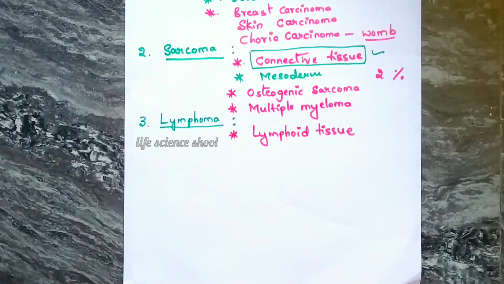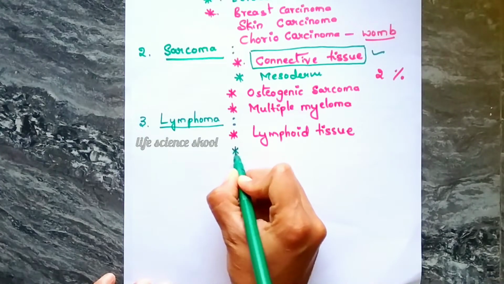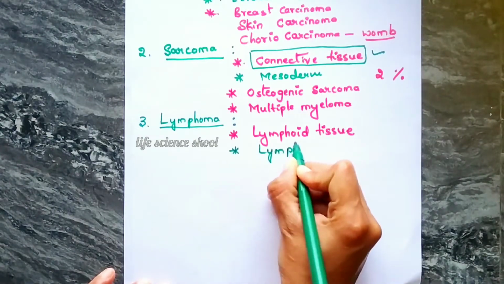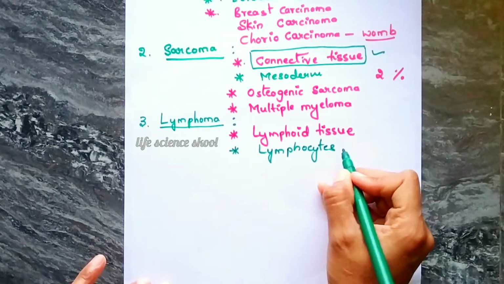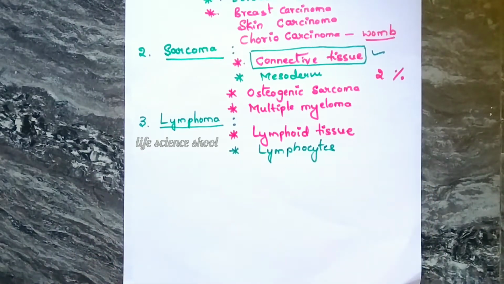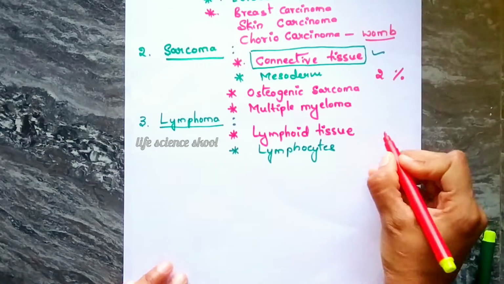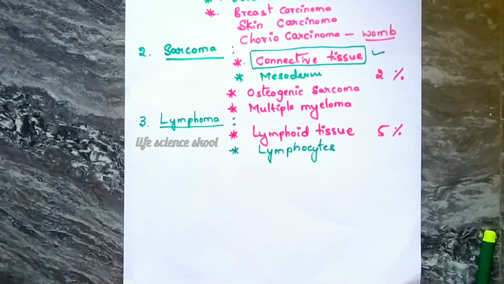It is characterized by an abnormal increase in the number of lymphocytes. What are lymphocytes? Lymphocytes are nothing but one type of WBC, or you can say leukocytes. And we can say only 5% of human cancers are lymphoma.